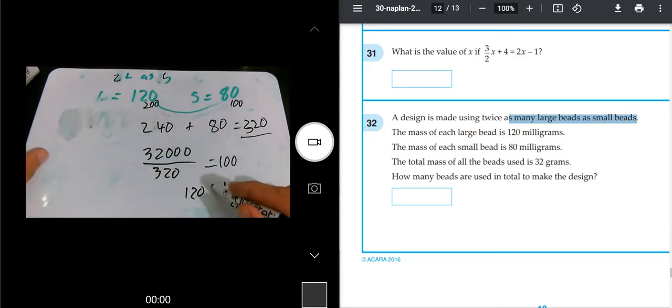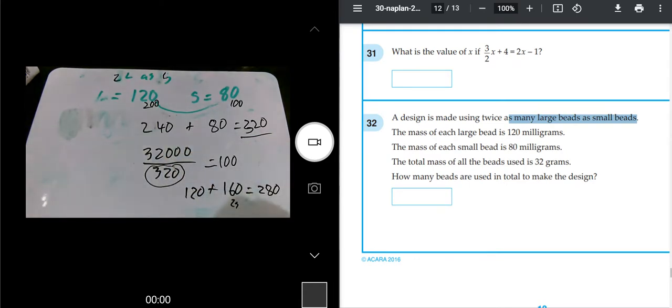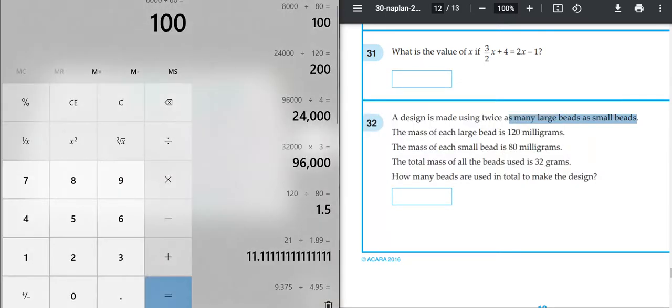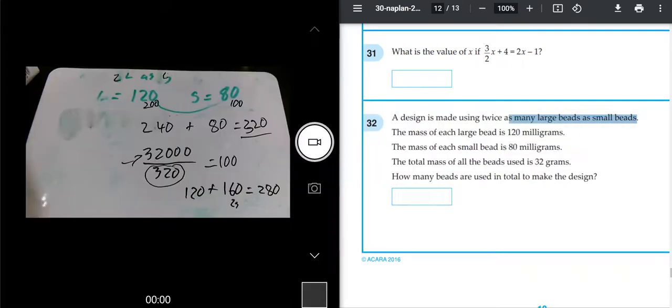If you add these two together, you get 280. 280 does not fit so nicely into 32,000 like 320 does, and this is confirmed by calculator: 32,000 divided by 280. In fact that will give you decimal answers, which means you'd only be getting parts of beads, fractions of beads, not nice round numbers.